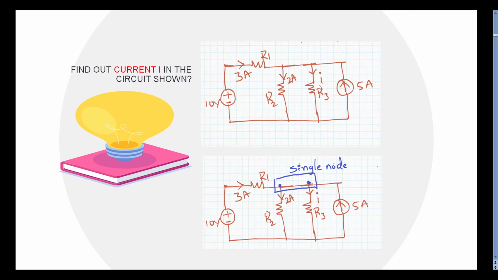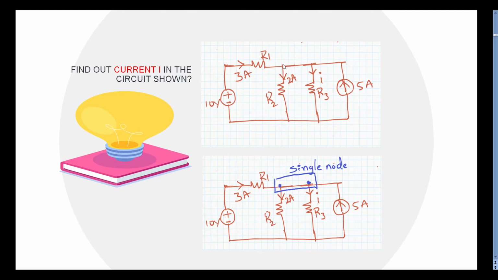Now we will solve another example problem to find this I value. In order to find this I value, you have to apply KCL at a node. First, you have to identify the node. Then you apply KCL at this node.